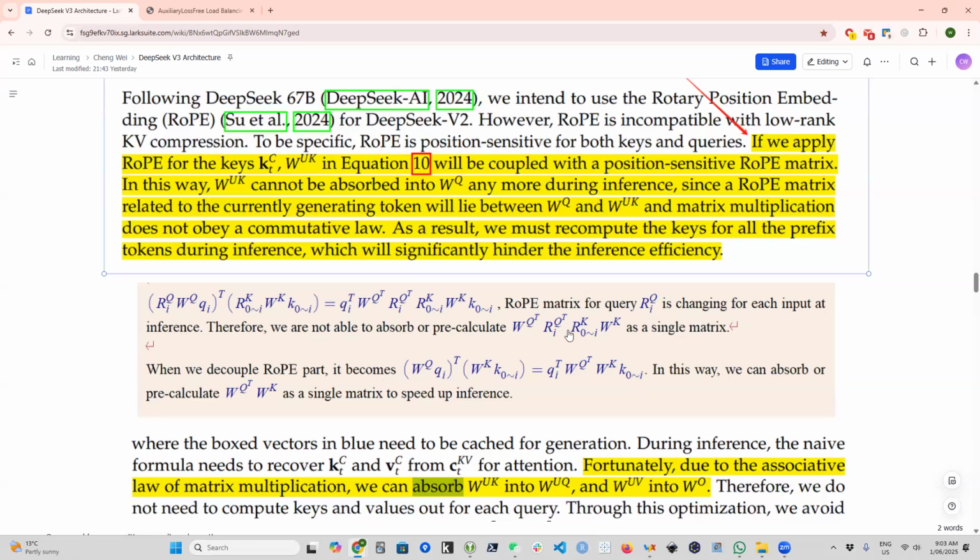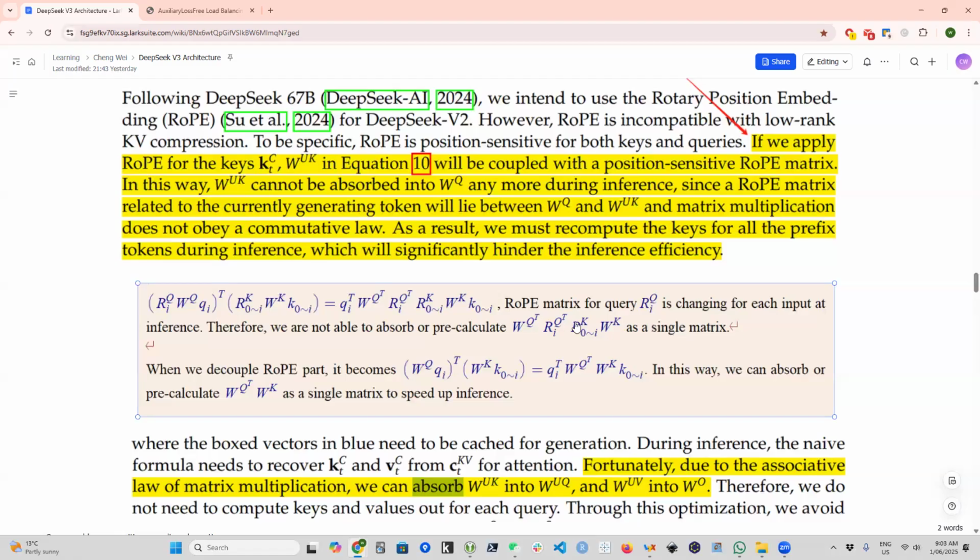What it's trying to do is multiply together to save time, because each time we do inference we need to multiply these two matrices. If we can pre-absorb and pre-calculate these two matrices as a single matrix, then we save time.